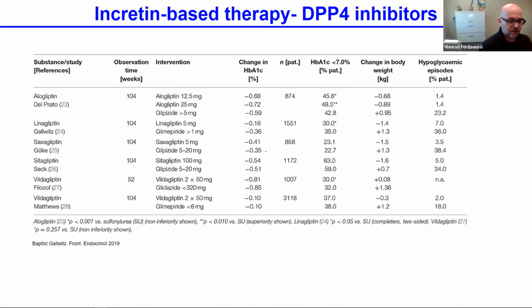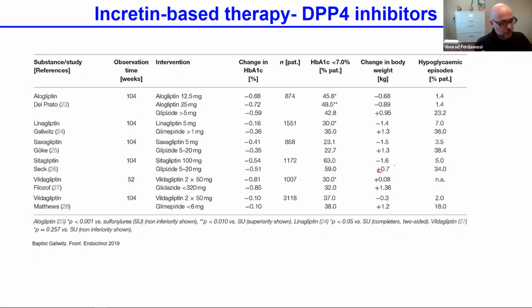There is a significant reduction in HbA1c, and it is really interesting to observe that these DPP4 inhibitors, for example sitagliptin, improve HbA1c without any weight gain, as has been observed with the sulfonylureas, as we discussed before. Hypoglycemic events are also very reduced with these anti-diabetic drugs.